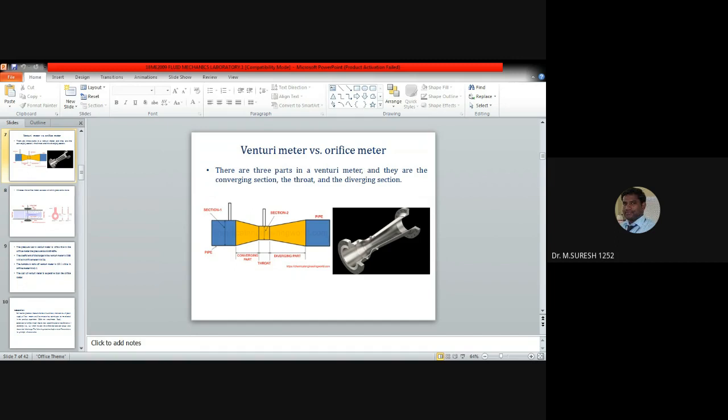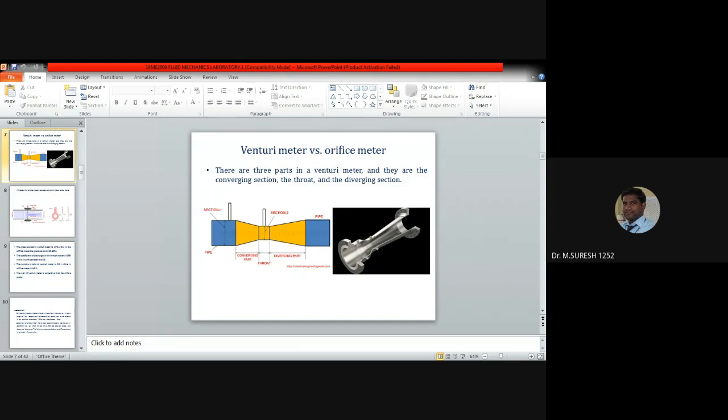It should not be greater than 1, it should be less than 1. But when you do the calculations, it may reach 1.2, 1.3, depending on the instrument error that may happen while taking the readings.